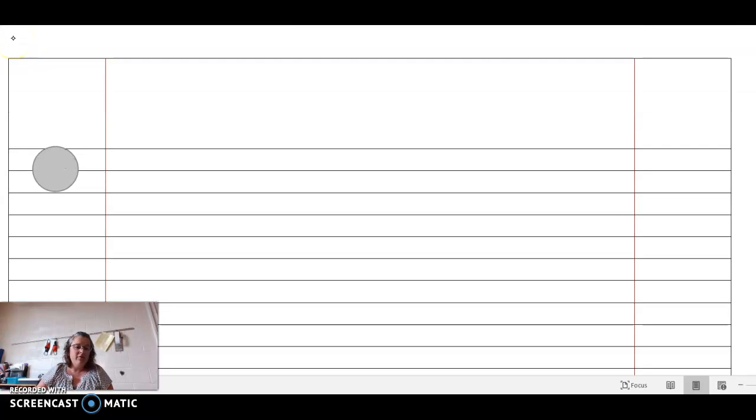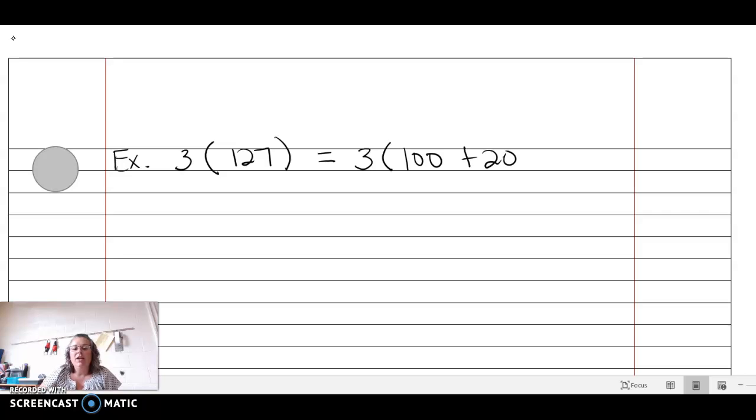All right, so the distributive property is super duper helpful when it comes to multiplying weird numbers. So for example, when I take the number 3 times 127, off the top of my head I don't know what that is, but I can break this 127 into groups of nice numbers. For example, I know 100 plus 20 plus 7 is the same thing as 127.